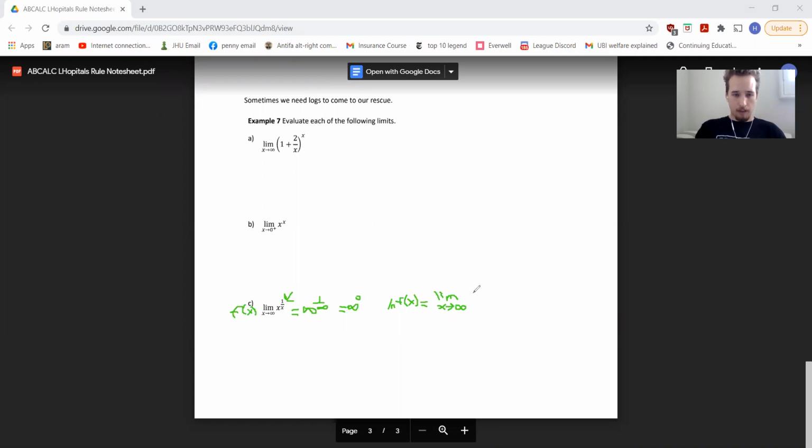Okay, and so ln of x, and we can bring out the 1 over x, right? So at this point, we actually just get the limit as x goes to infinity of ln of x over x.